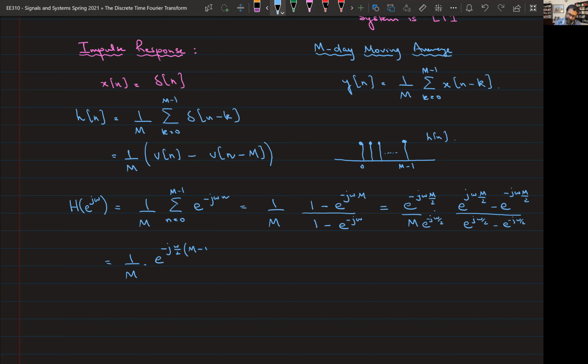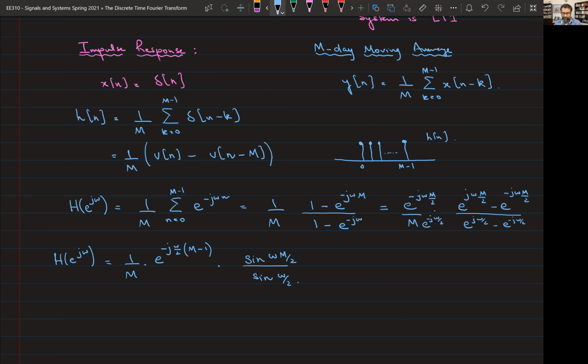This is just an exponential, and the numerator divided by denominator is just sine omega M by 2 divided by sine omega by 2. So this is my frequency response of the moving average filter when I take that M-day average.